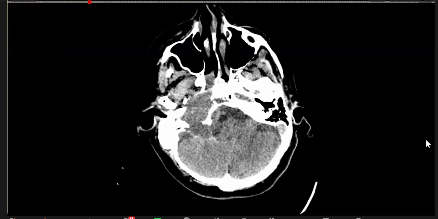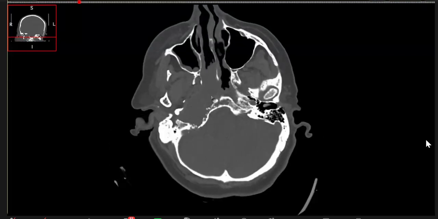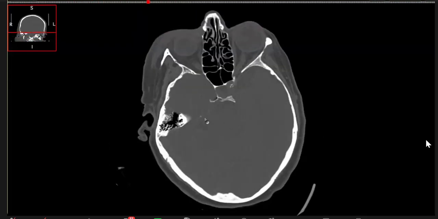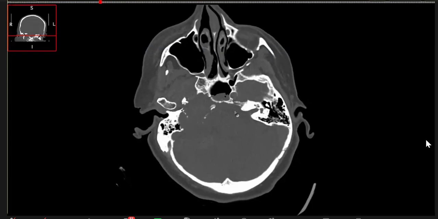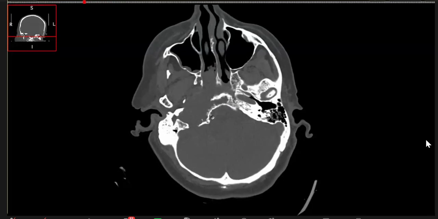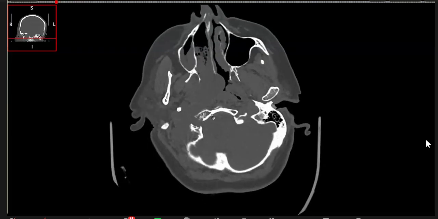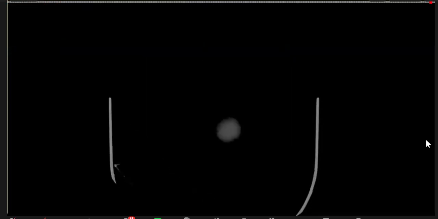Now, on this, if you see your anatomy, what is happening is that if you compare this versus this, there is a lot of destruction, and as I was pointing out, the hypoglossal canal, etc., is involved.